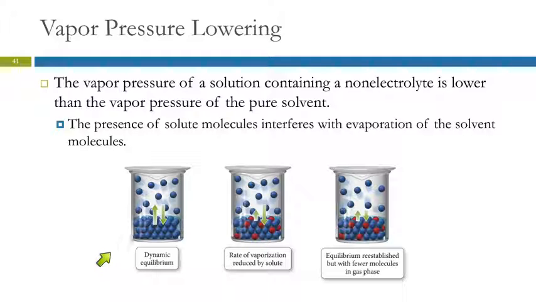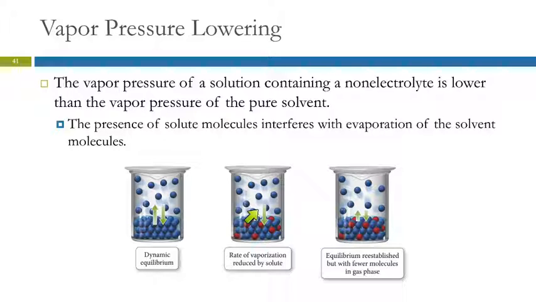And we can understand this by looking at the dynamic equilibrium established when we have evaporation. We have the gas and the liquid state in equilibrium with each other. The rate of evaporation depends on the surface area, among other things. If you put a solute in there, that's going to take the place of some of the water molecules at the surface and effectively reduce the surface area. It's going to slow down the rate of evaporation.